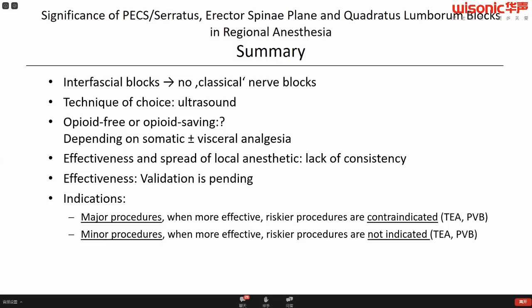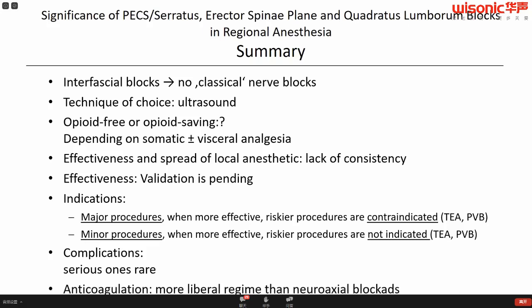Major procedures, when more effective and riskier procedures are contraindicated, such as thoracic epidurals or paravertebral blocks due to anticoagulated patients, and also minor procedures when more effective or riskier procedures are not indicated. The complication rate is rare. Serious complications are really rare.